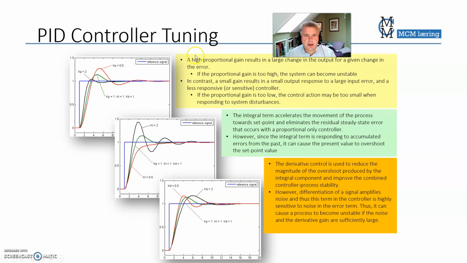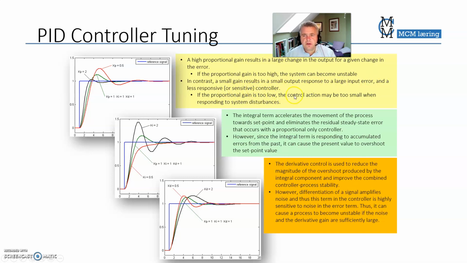So look at this. A high proportional gain will result in a large change in the output for a given change in the error. If the proportional gain is too high, the system may become unstable. A small gain may result in a small response, and a less sensitive controller.